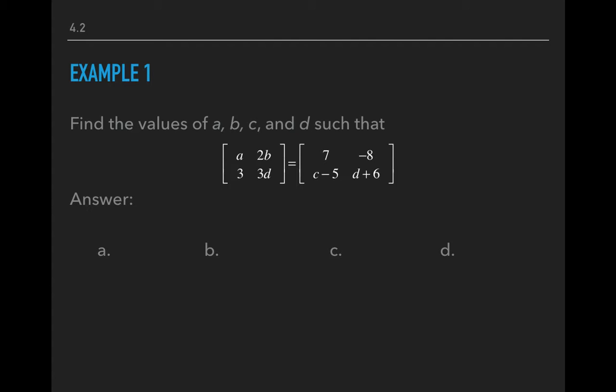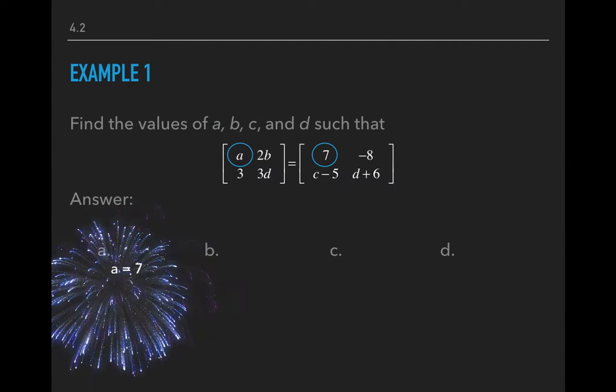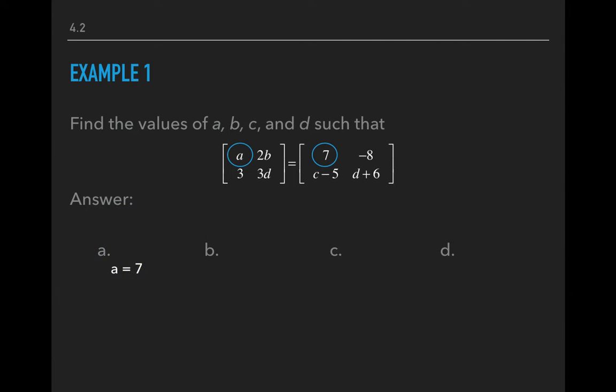Let's get started finding the value of A. Notice the position of A. It is row 1, column 1. We're told that the corresponding element in our second matrix and that value are equal. So A is equal to 7 because these matrices are equal and corresponding elements are equal.